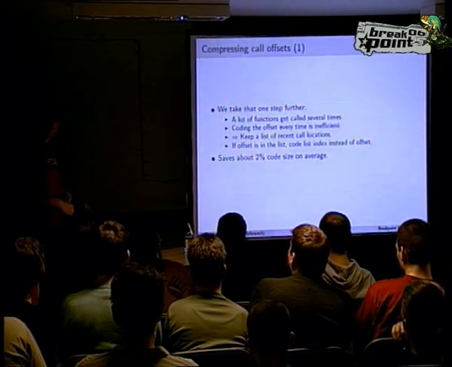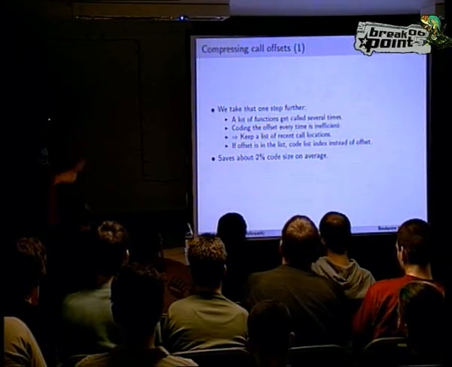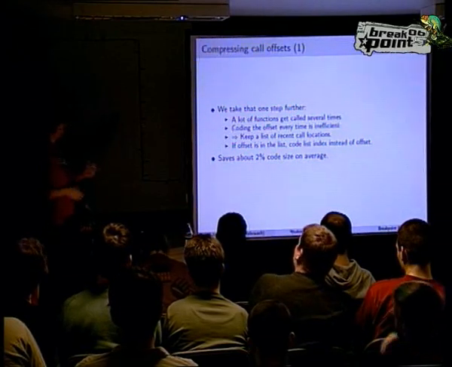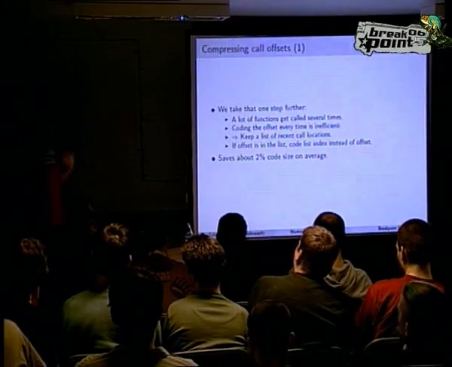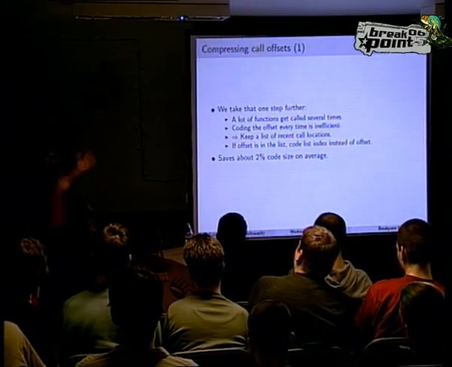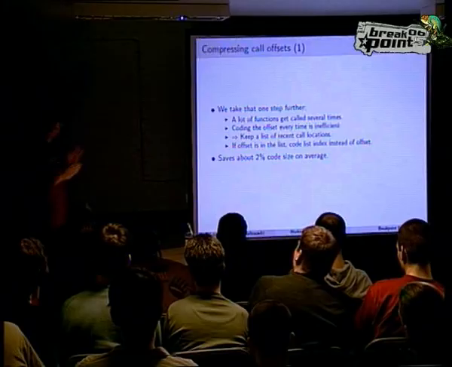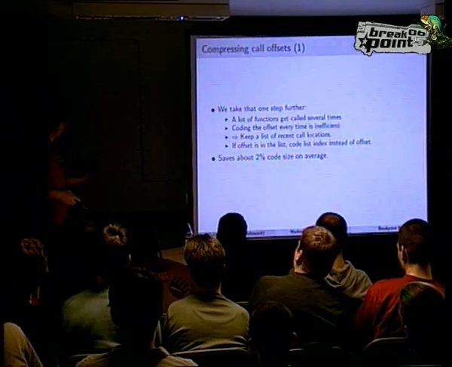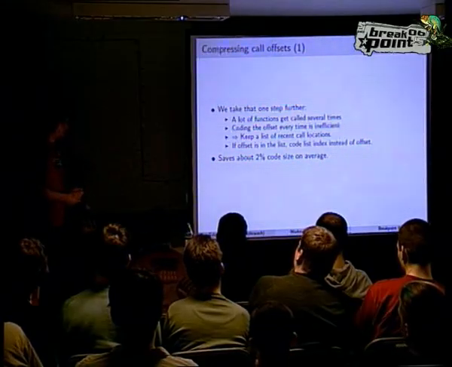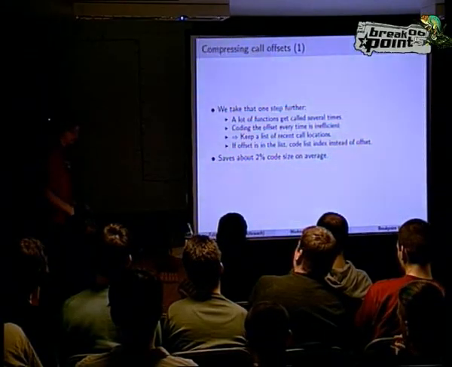This makes list management a bit easier. And if this offset is in the list, you just code the index in this list instead of the actual offset, which is a 1 byte or even smaller index instead of a whole 32-bit address. And doing this on this already absolute transform gives you another 2% code size improvement after packing.